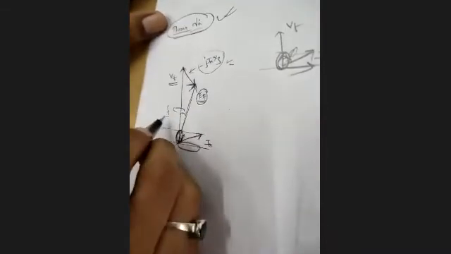Similarly, the angle between the terminal voltage Vt and the excitation EMF is called delta, or you can say the load angle or torque angle.